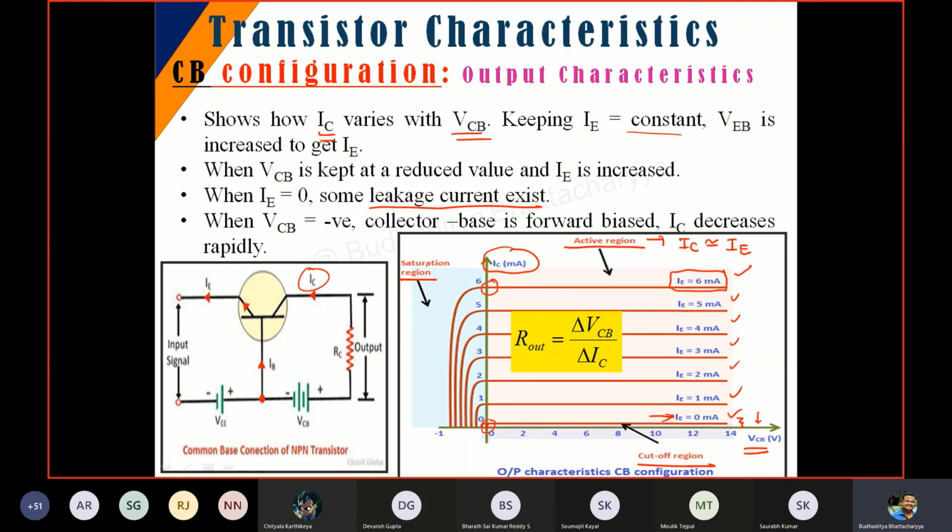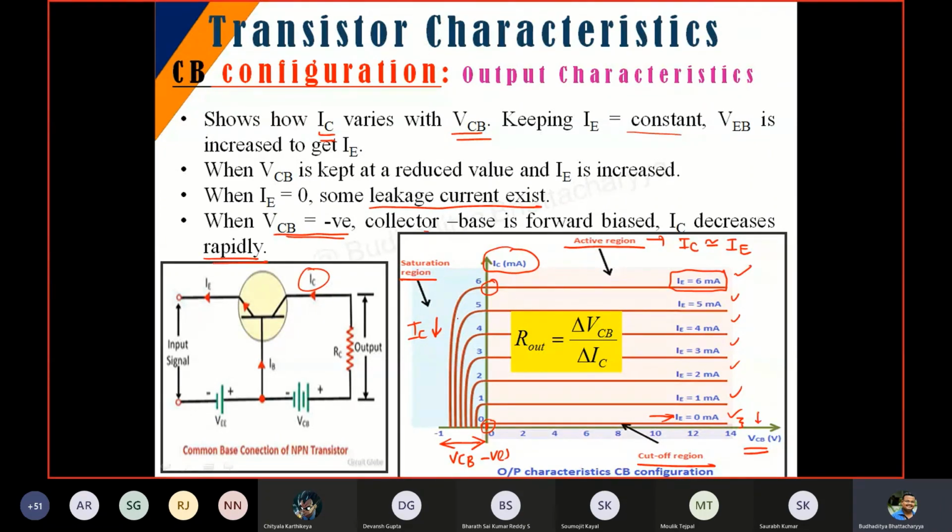On the other hand, if you take the saturation region, you can observe that that is a portion where the IC current is actually reducing drastically. When VCB is negative, this is 0, this is -1, so negative. Collector to base is forward biased, and hence IC decreases rapidly.